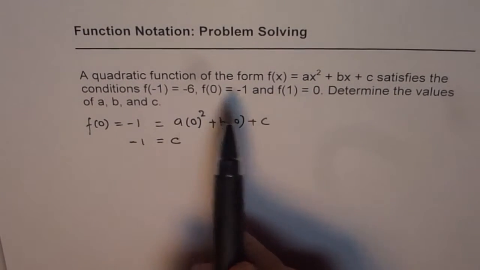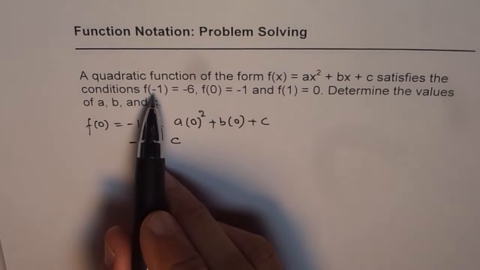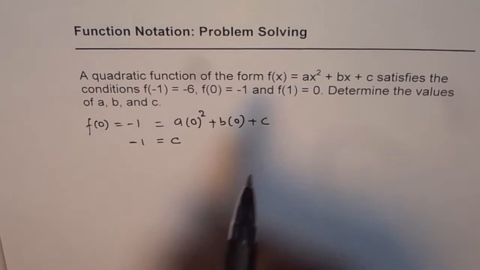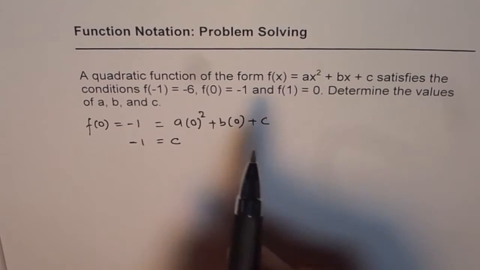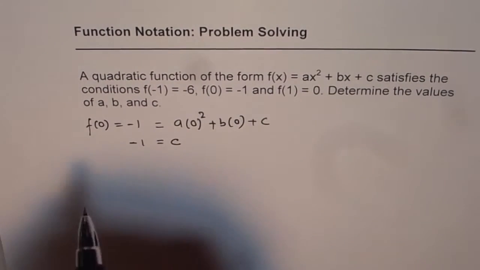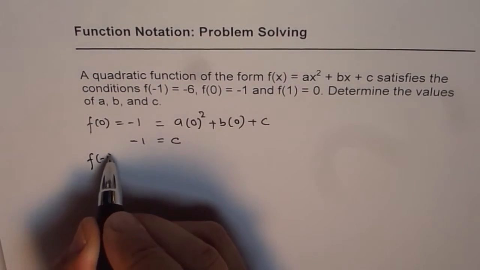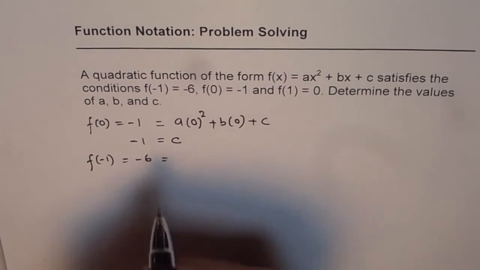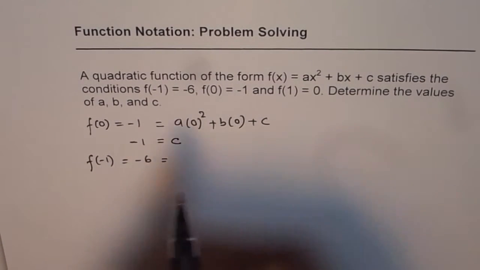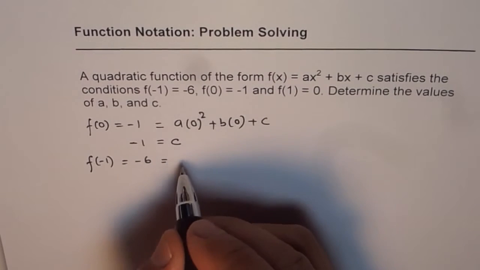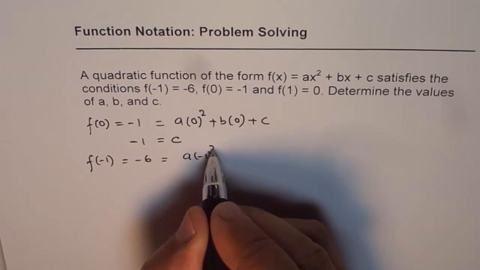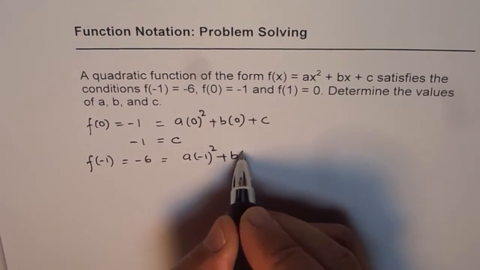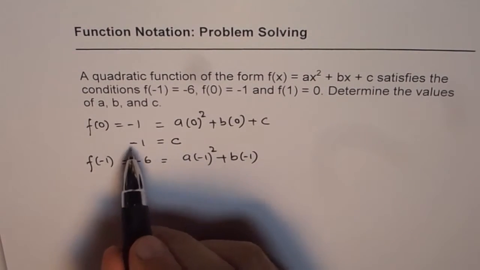So we get the value for c, correct? Now let us use the other two conditions: f of minus 1 is minus 6 and f of 1 equals 0. So let me put f of minus 1 first. Minus 1 is the x value, so a times minus 1 whole squared plus b times minus 1, and the c value is minus 1.